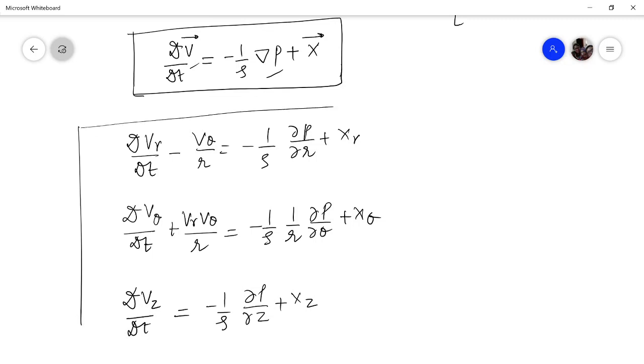So this set of equations is the Euler's equation for ideal fluid in cylindrical coordinates.